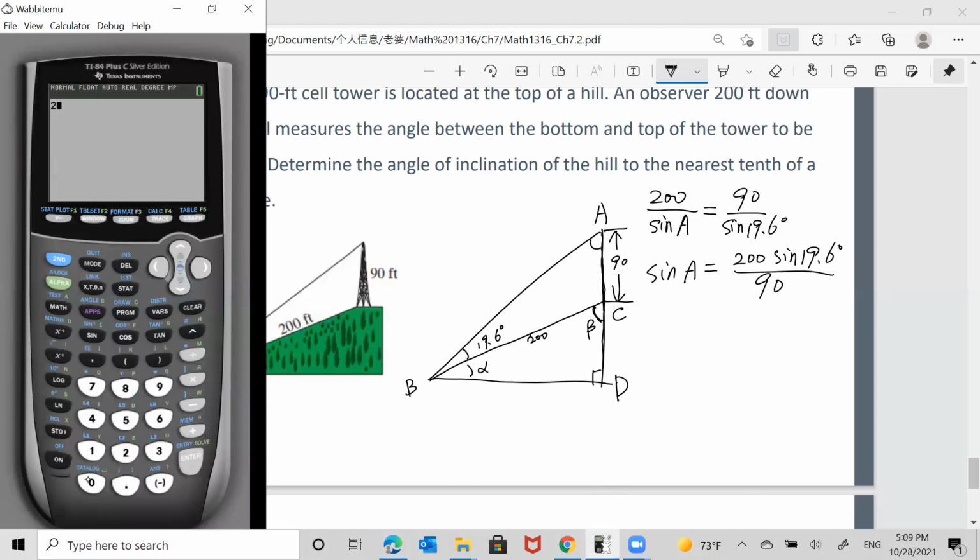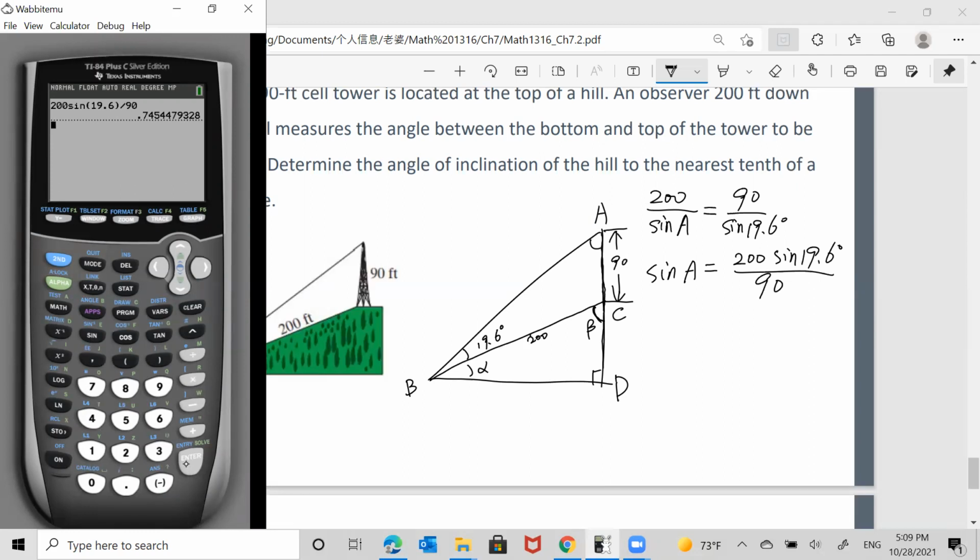Let's see what that is. 200 times sine 19.6, close the parentheses, divided by 90. That's 0.74544.